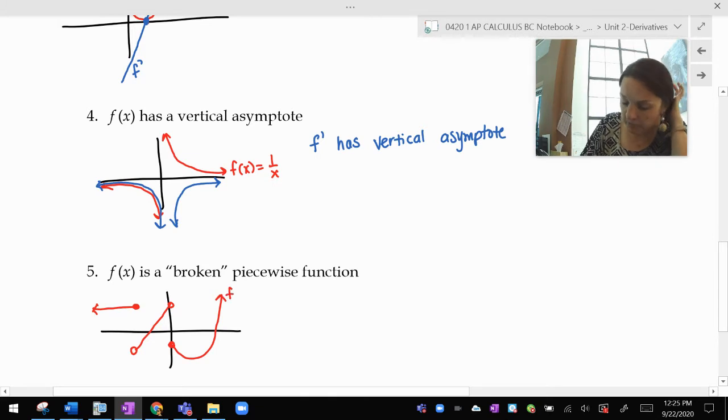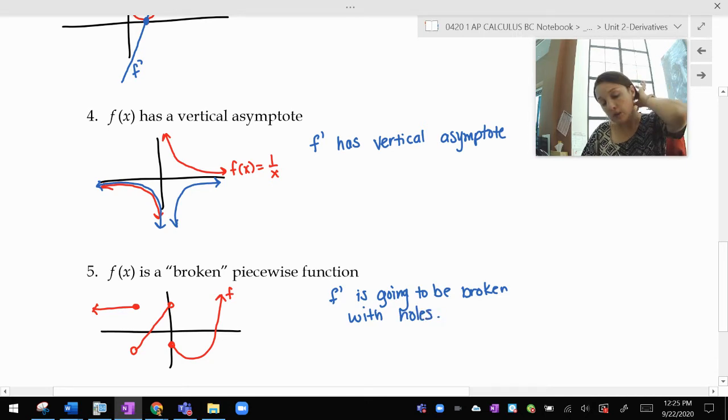Let's say that's some piecewise broken function of f, then f prime is going to be broken with holes.